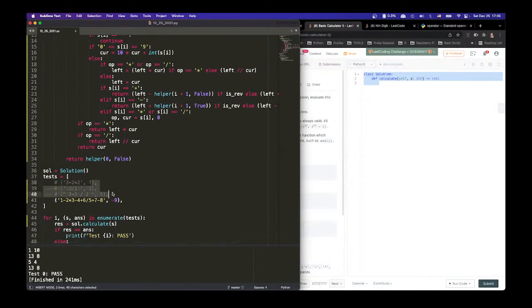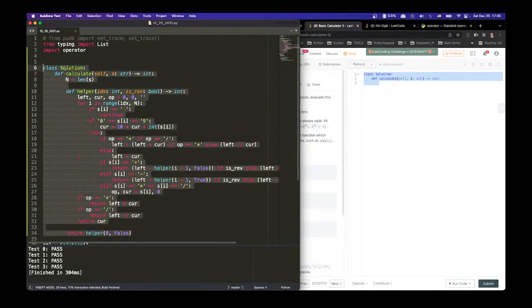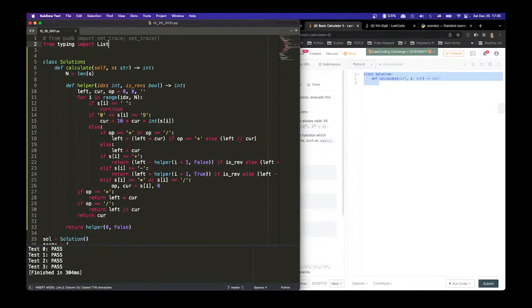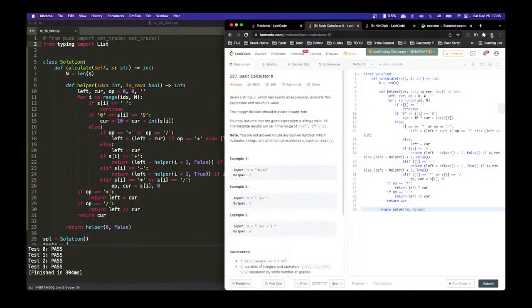Okay, same thing. Try the others. All right. We just do one more check. We don't need the operator. So all right, some really complicated.